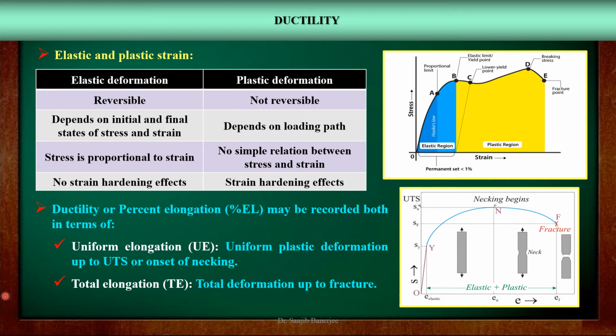And secondly, the total elongation is the total deformation up to fracture. So, in this figure, this is indicated by EF. So, these are the different measures of ductility of a material.